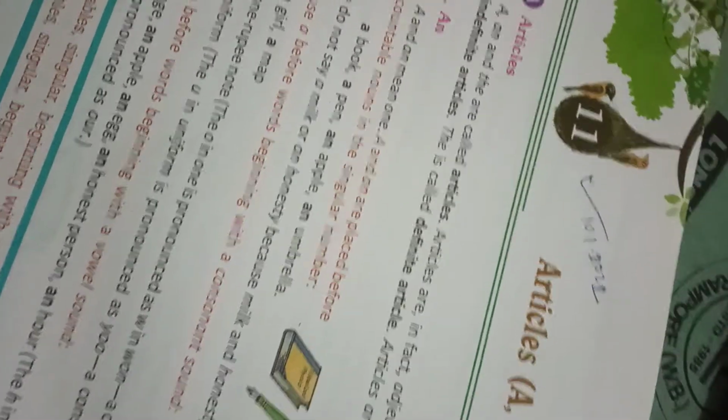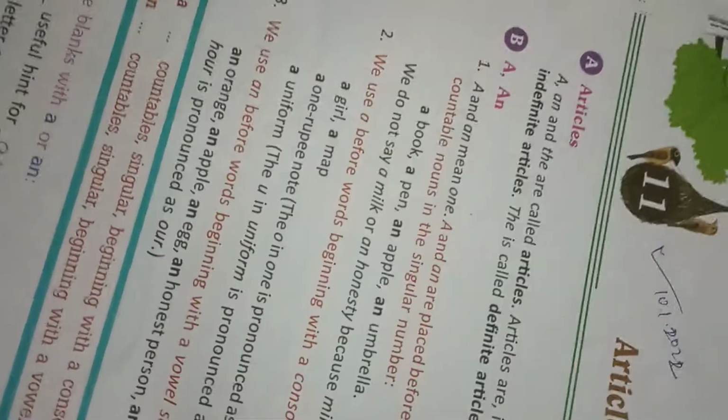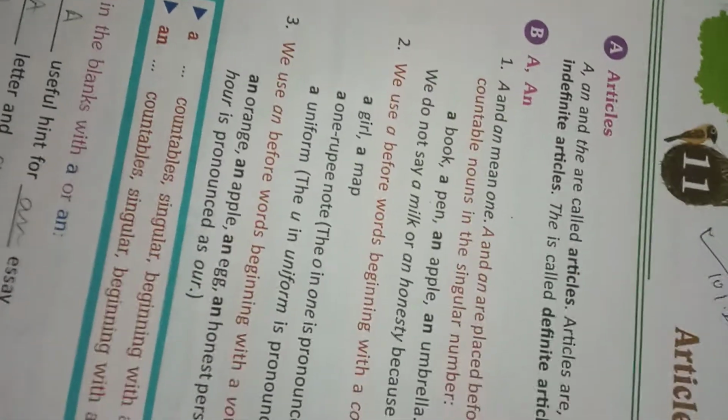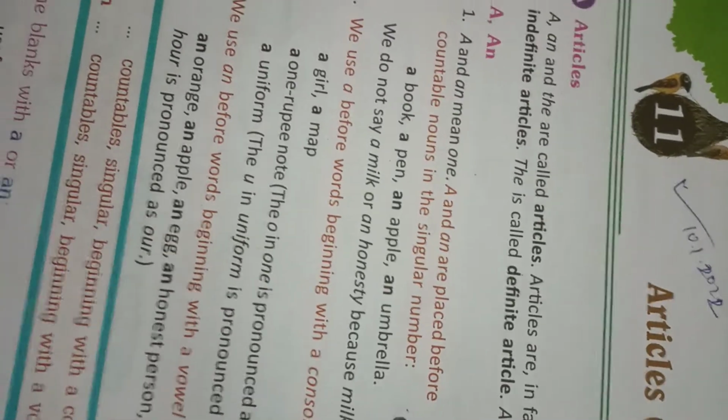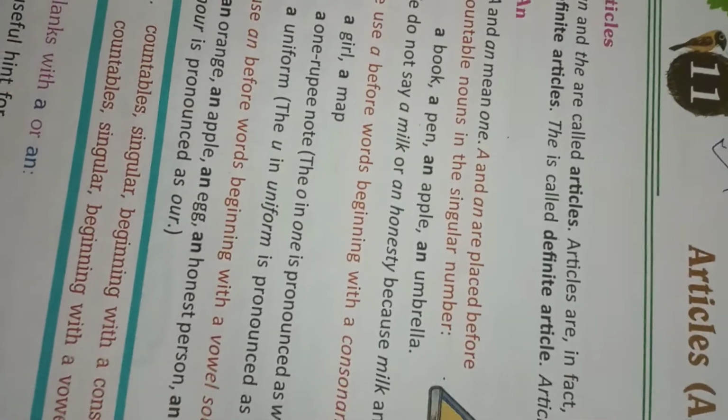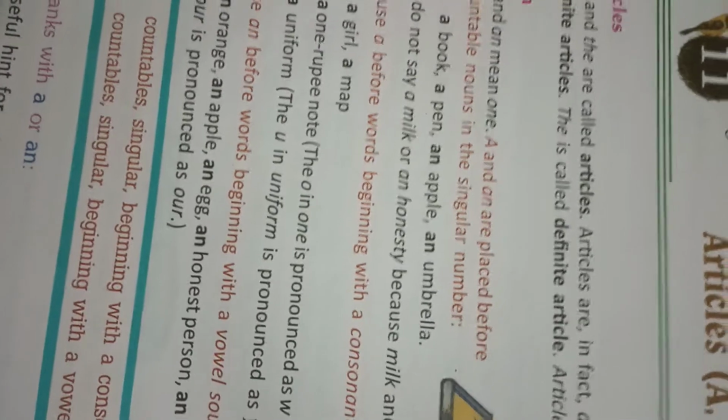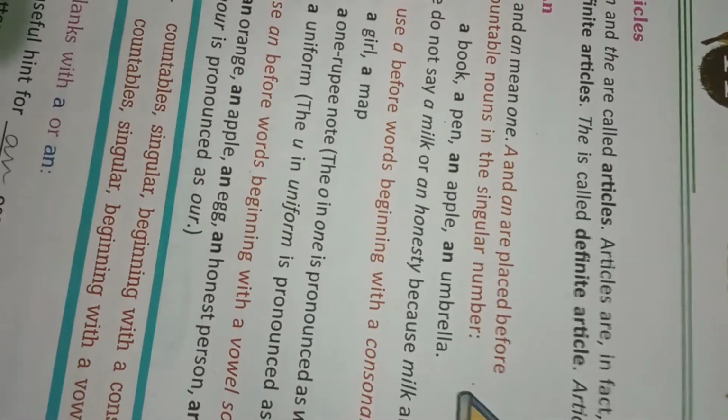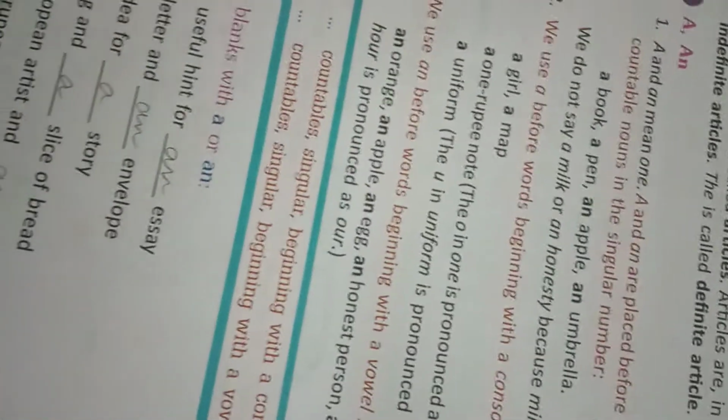I think there are 11: articles, next adverbs, conjunctions, and what sometimes confused us. These 4 chapters. You have to practice letter, essay and comprehension. Letter, essay and comprehension are mostly unseen. Okay, I have to practice.